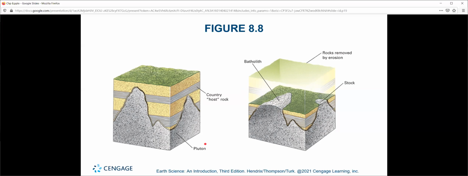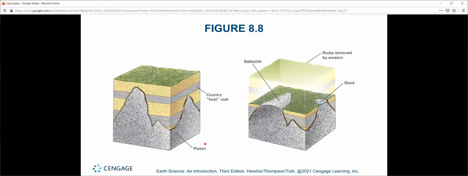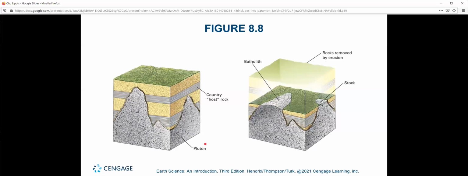So when we get these very exciting, very interesting features, such as the cover of this book, we tend to associate those with things such as batholiths and stacks, because that is the result of essentially volcanic activity that never actually popped up, right?